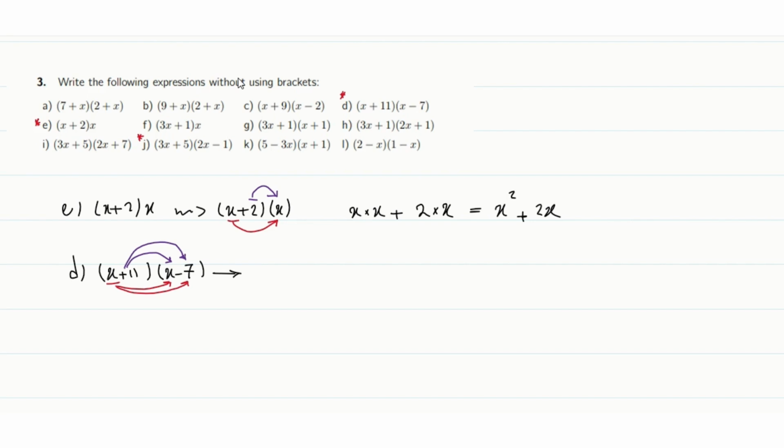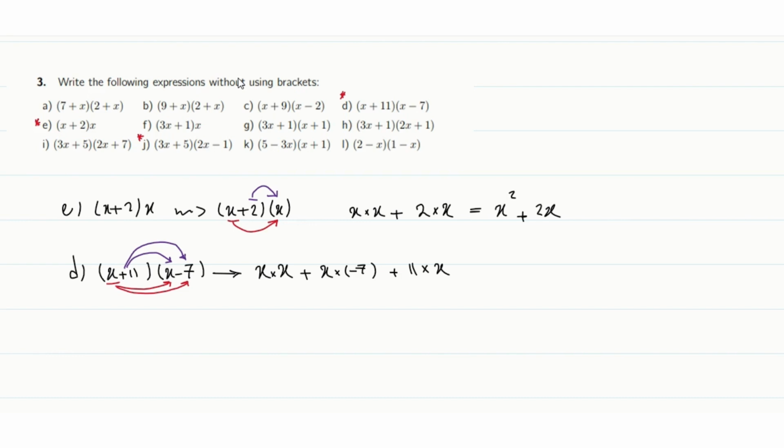So let's do the process again. We have x times x plus x times -7 plus 11 times x. We moved to the second term in here, which was 11.